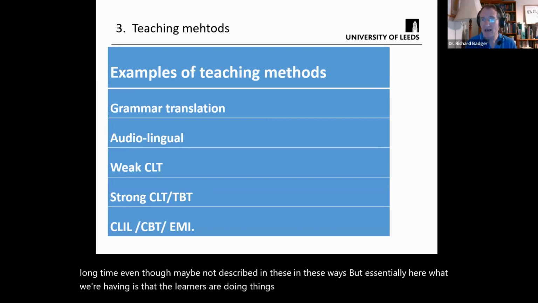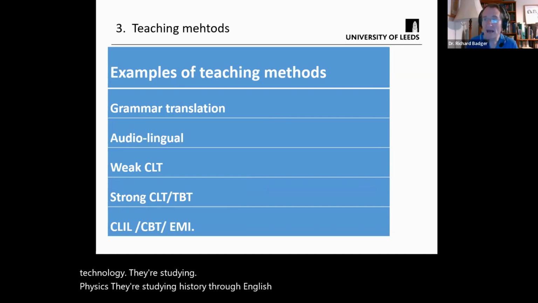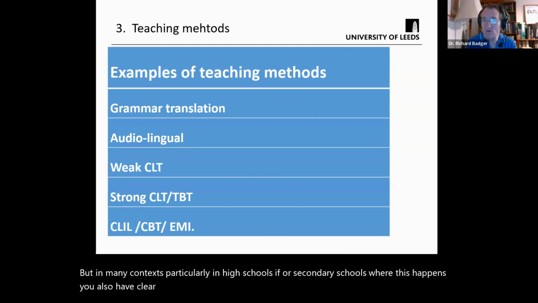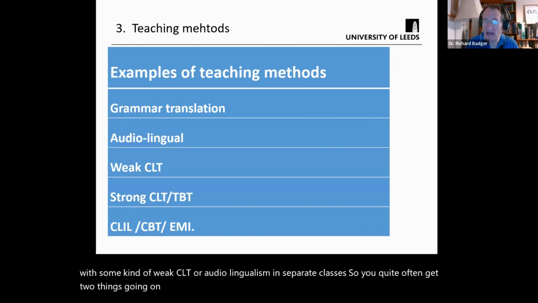They're studying technology, they're studying physics, they're studying history through English, and that's how the English is being improved. But in many contexts, particularly in high schools or secondary schools where this happens, you also have CLIL, CBT, or what CLIL would be the normal term in high schools, combined with some kind of weak CLT or audiolingualism in separate classes. So you quite often get two things going on in parallel. And again, those might be things which it's worth thinking about.